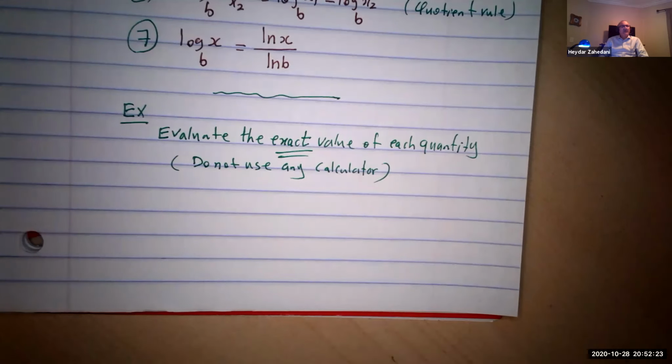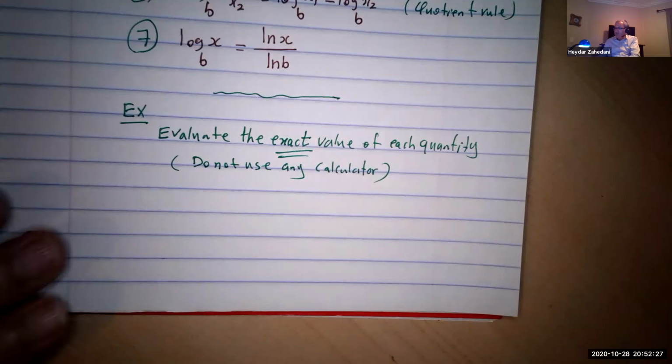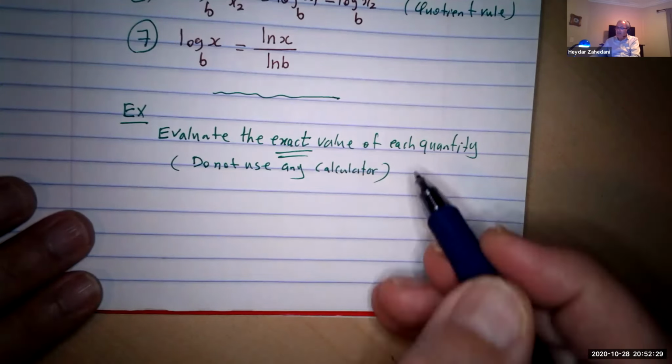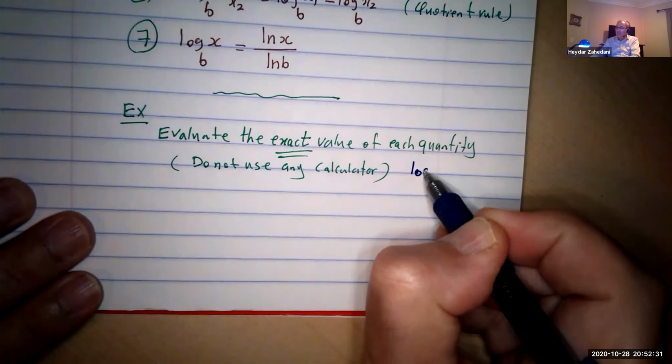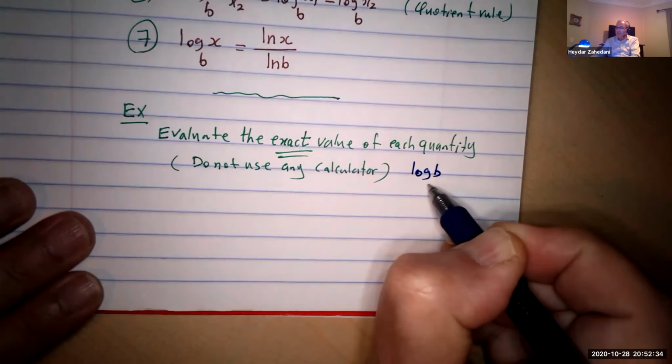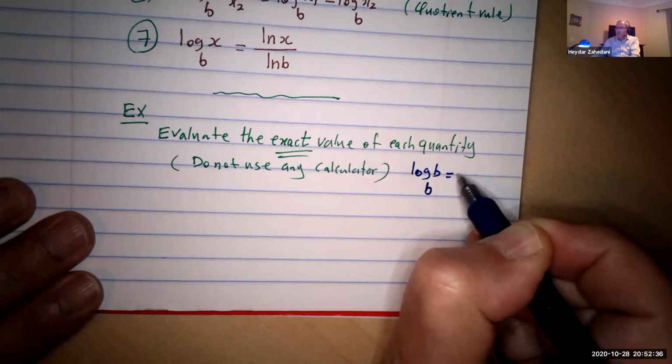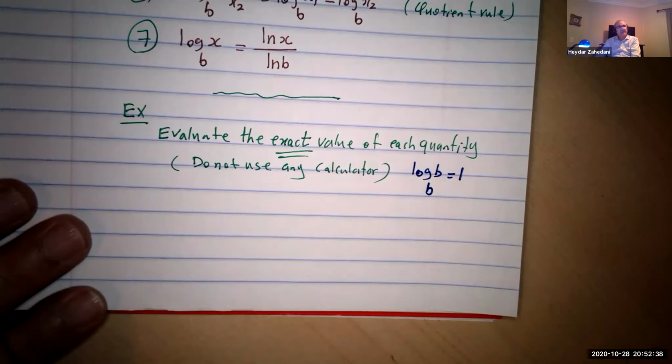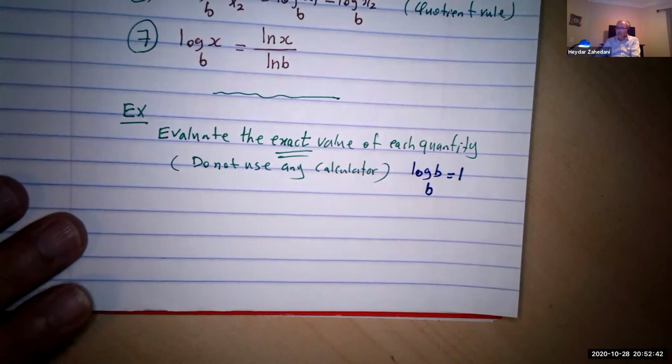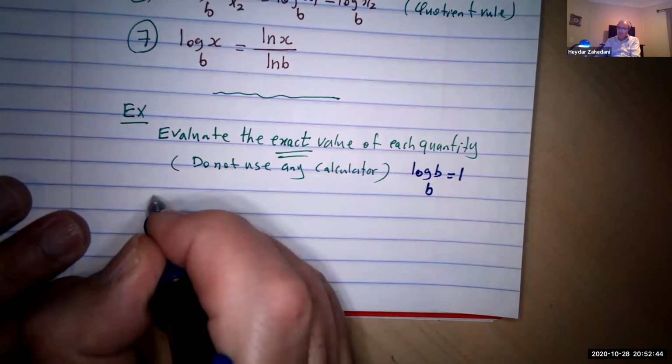If there is going to be ln 2, you have to use your calculator. So knowing only this fact, that the log of any number with its own base is equal to 1. Okay, so that's the first question. Let's see how we're going to do it.